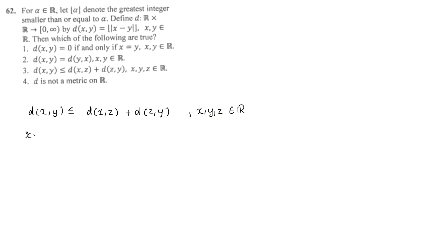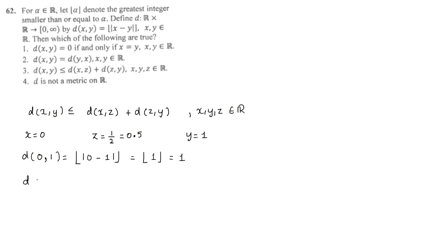For that let x be 0, y be 1, and z be 1 by 2, that is 0.5. Then clearly d of x comma y, here 0 comma 1, is the greatest integer less than or equal to mod 0 minus 1, which is the greatest integer less than or equal to 1, and it is 1.